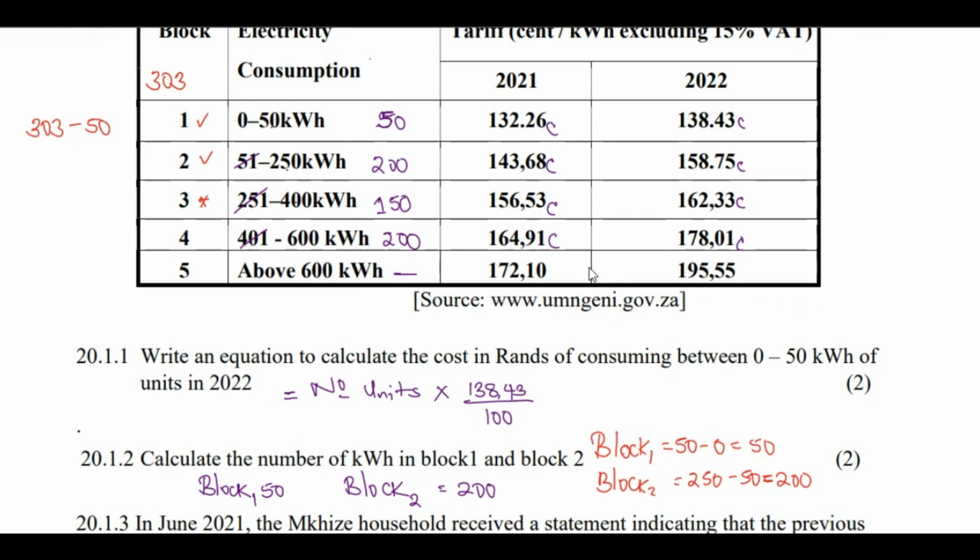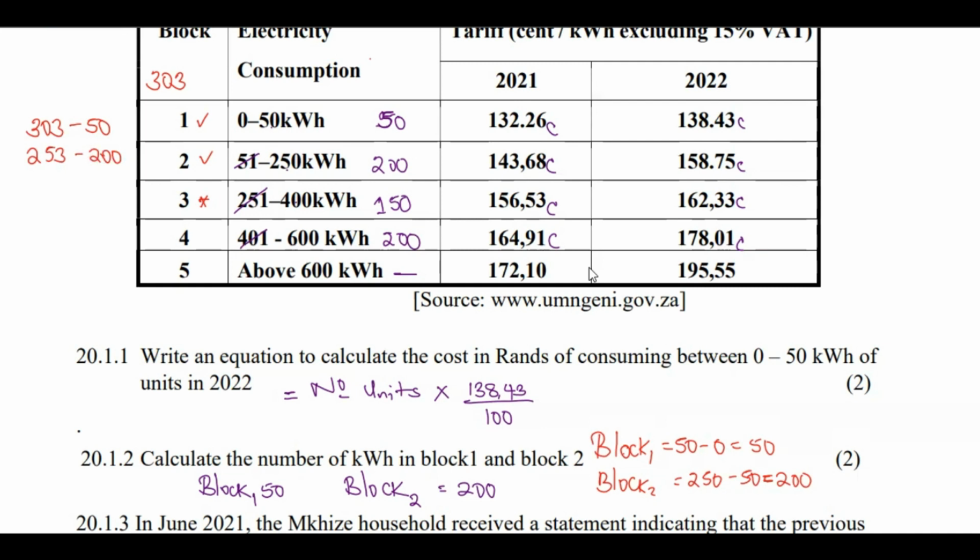What remains is 253. So 253 has been pushed to the second block. But the second block requires 200 only. We remove the 200 that is required.